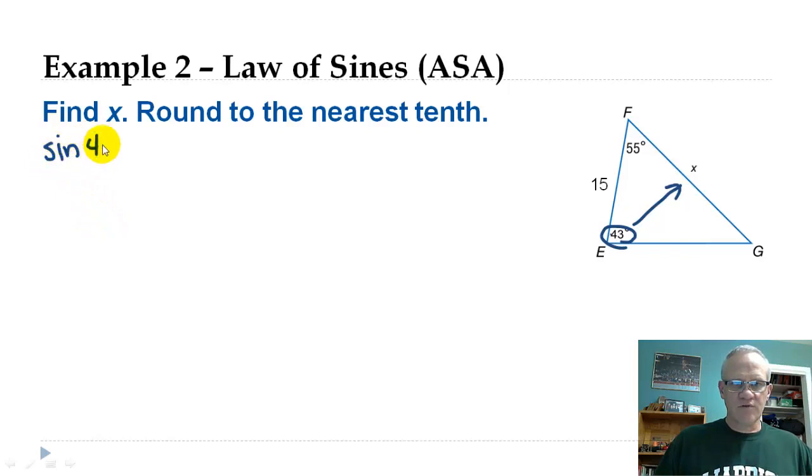So we could say the sine of 43 over x would equal what? If you look at the 15, you go, oh, wait a minute, there's nothing that matches up with the 15. Look at the 55. Oh, there's nothing that matches up with that. How is this going to work? Okay, well, remember, this is a triangle, and in a triangle, we have 180 degrees.